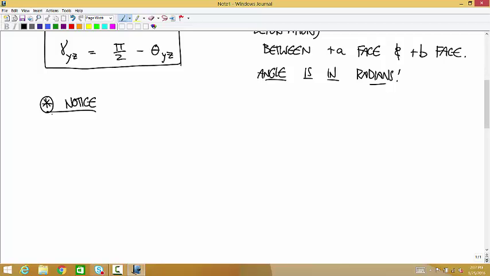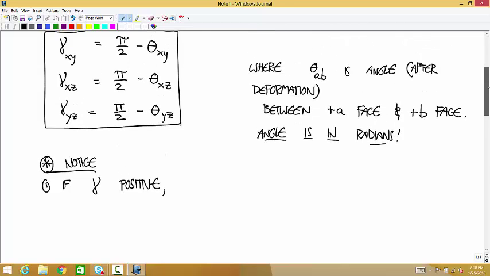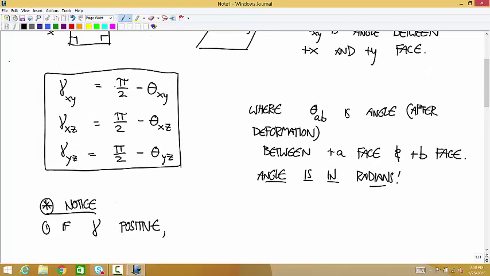If a shear strain is positive, look at this definition and tell me, so that angle between the two positive faces that are involved, if you have a positive value of this shear strain, is that angle becoming more acute or more obtuse?